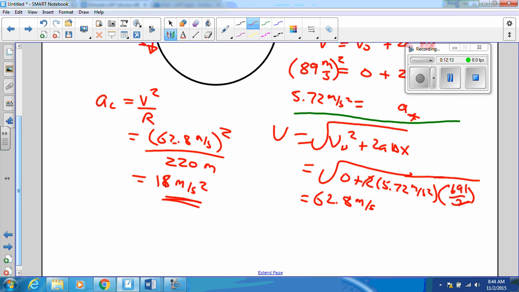That'll do. So we notice an interesting thing as we go back and fix this, and that is that our tangential acceleration didn't change. That calculation was good. It was simply that the centripetal acceleration will change. Will it go up or down as the car goes? It's going to go up because the speed of the car is going to increase. It also says assuming constant tangential acceleration. Good. Okay, good.